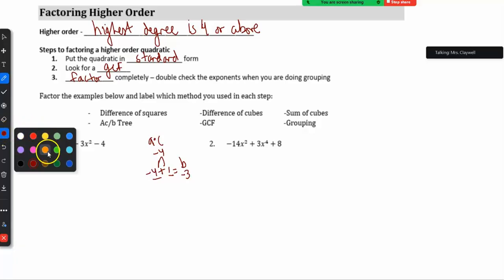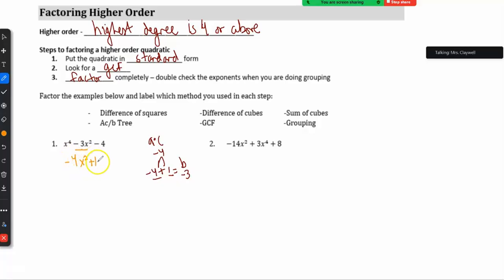My A is not equal to a 1x squared, so I cannot use my shortcut. This is a -4x squared plus 1x squared. Notice how I have to rewrite, if I'm breaking up a -3x squared, I have to rewrite it with an x squared as my middle terms.